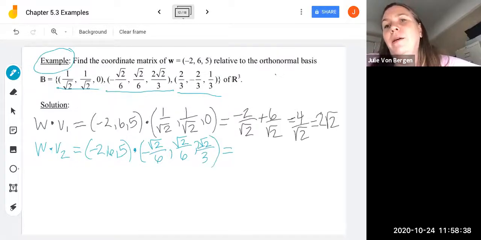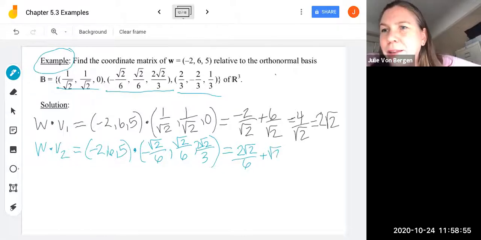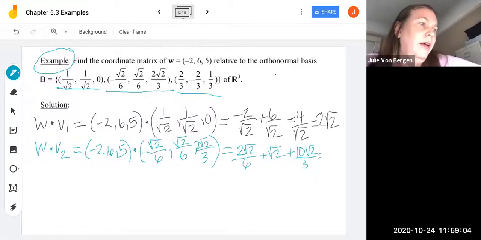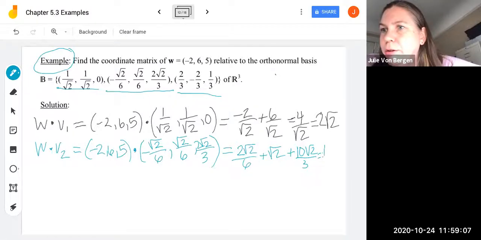You can check all the steps here. You're going to get 2√2/6 plus just a √2, because the 6's are going to cancel for the next term, and then plus 10√2/3. So this all ends up working out to be 14√2/3 when you convert the 2√2/6 to a √2/3.